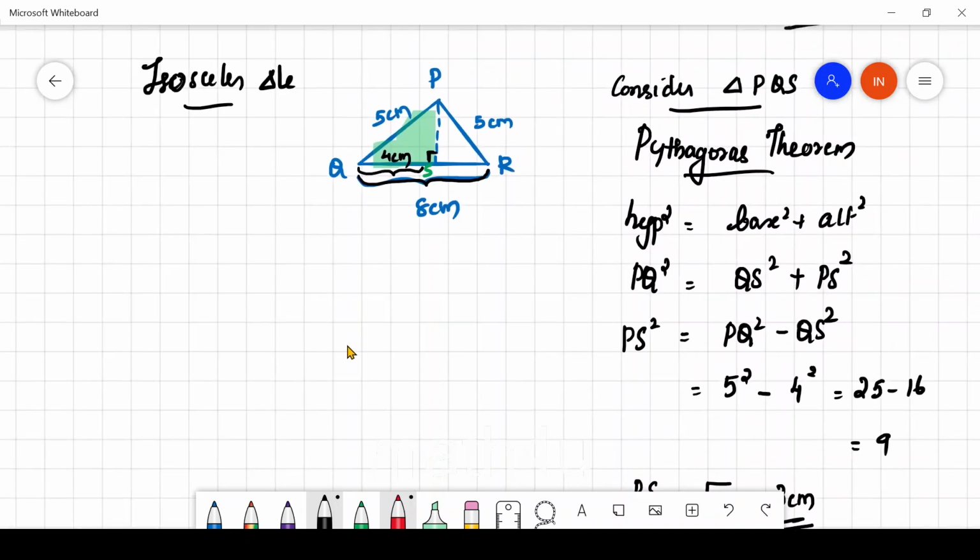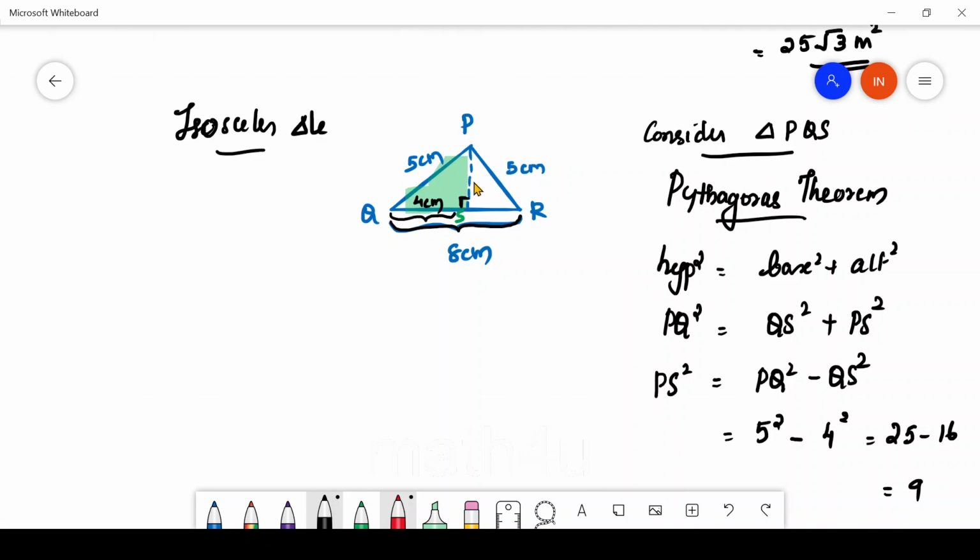Now we got the height. What is the need of this height here? If we have the height, we can use the formula half base into height. Therefore, now we are going to find out the area of this triangle. Area of triangle PQR, we can use the formula half into base into height because we know the height now.